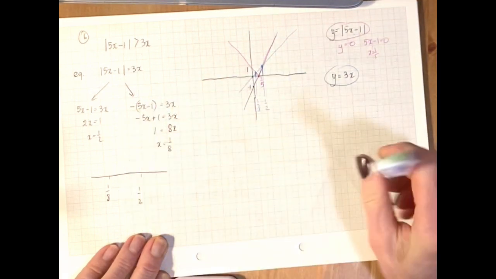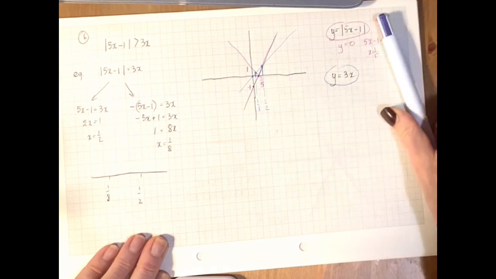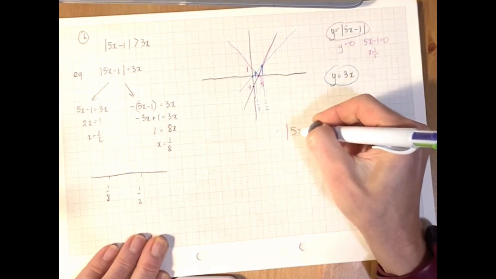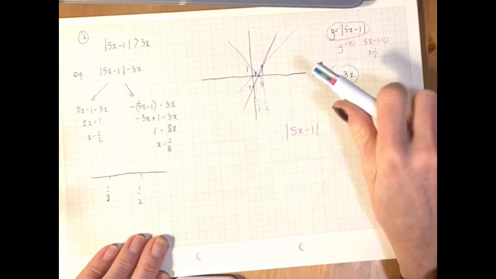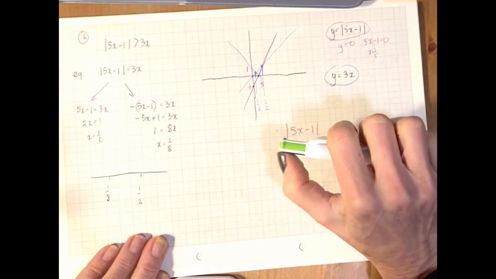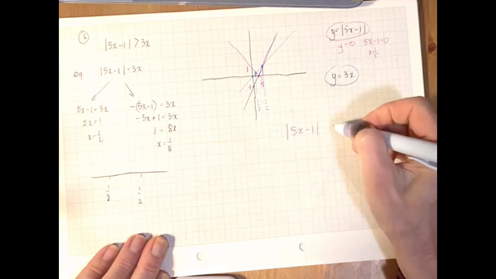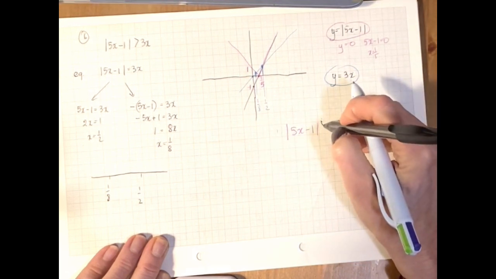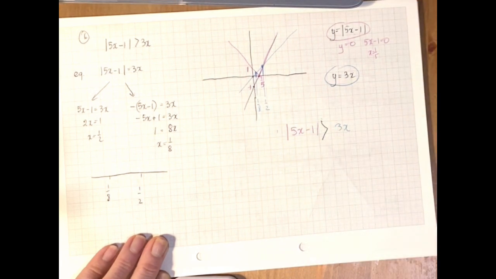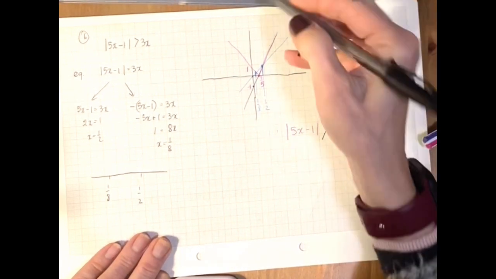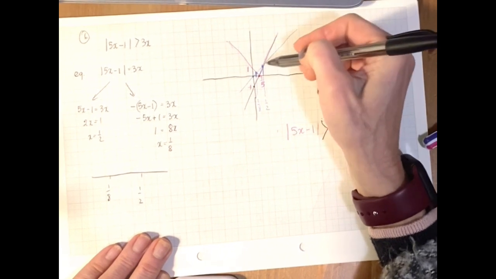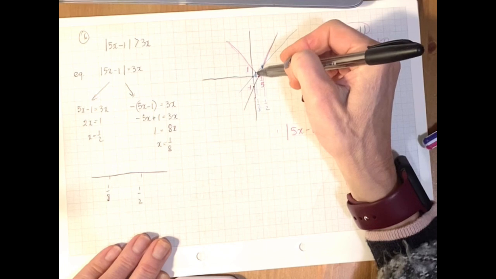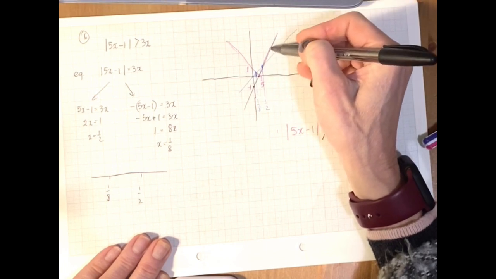So the question is asking you, when will the modulus of 5x minus 1, so the pink graph, be greater than the line 3x? So when is the pink bit above the blue bit? So the pink bit is above the blue bit for all these parts, then it has a break, and then it starts again over here.